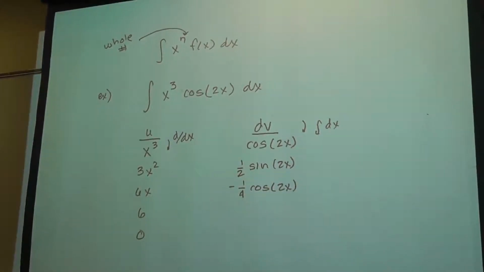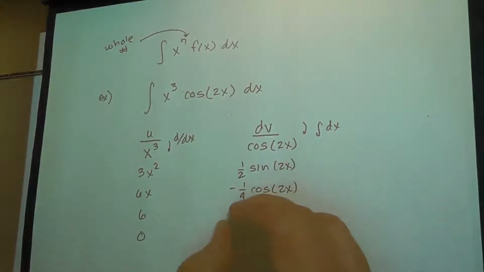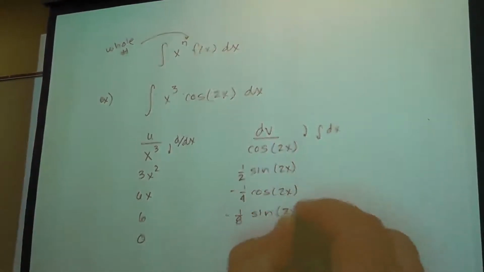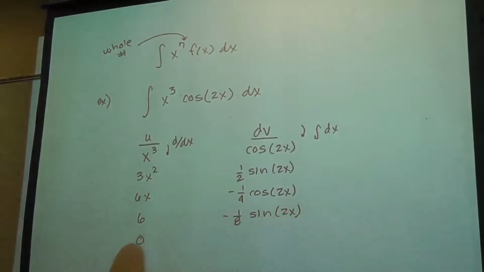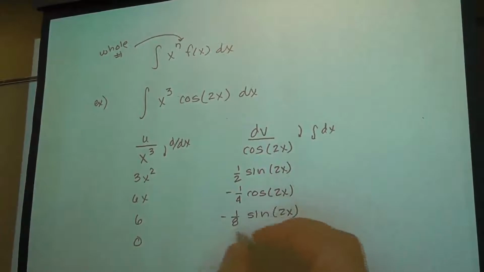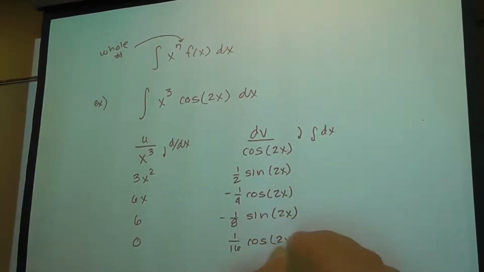So every time you do an antiderivative, you're going to have an extra factor of a half in front, okay? And then negative 1/8 sine 2x. And then last, once you reach the 0 row, you're done with your shortcut construct process. And then positive 1/16 cosine 2x. Everybody okay?